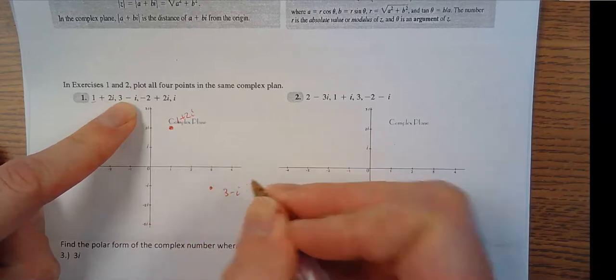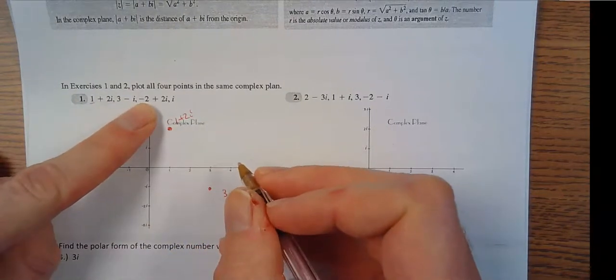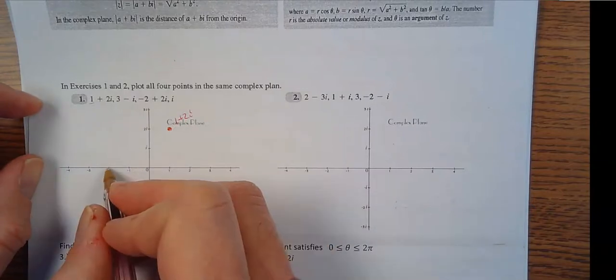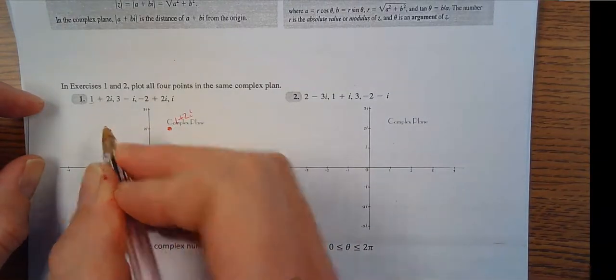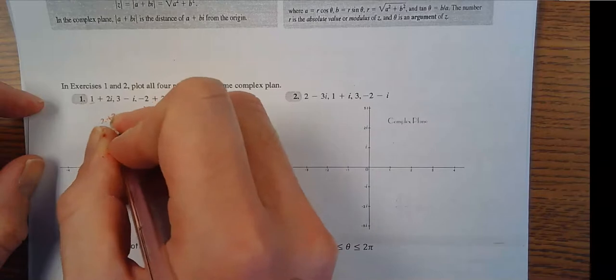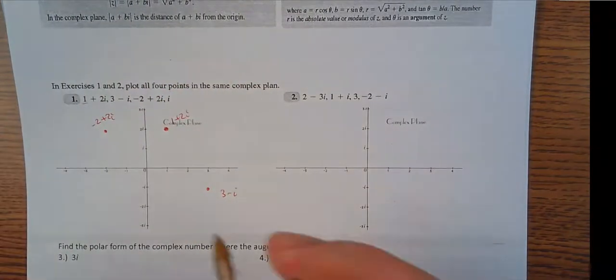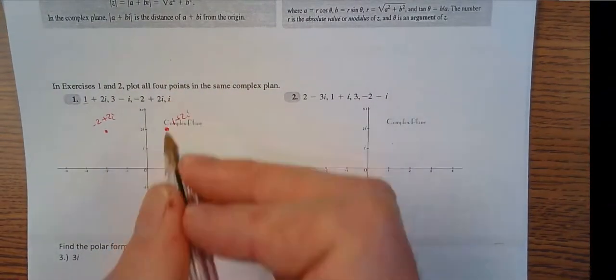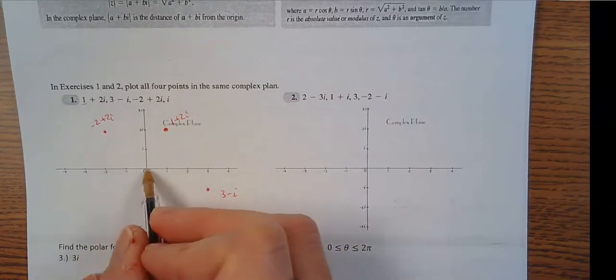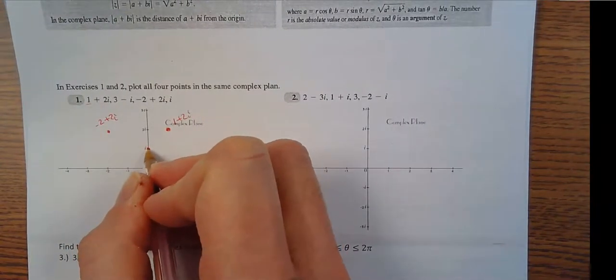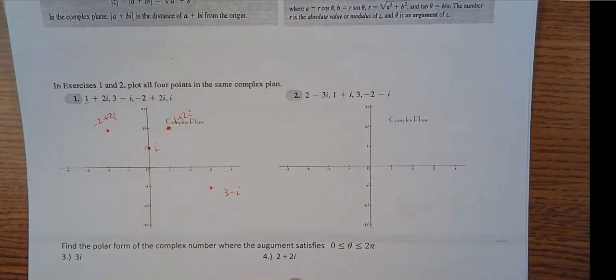Negative 2 in the real axis plus 2, so there would be negative 2 plus 2i. And then i itself means go left or right none, because you're not on the real axis at all. You're right here, and you go up 1. So there's where i is.